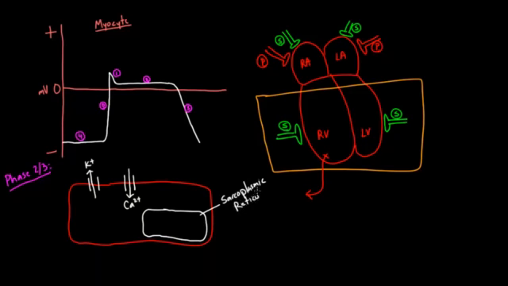It's going to wait patiently for a little calcium to come and bind to its channel, and the moment it does, it's going to start letting calcium out. So this thing is full of calcium, and it's going to start shooting it into the cytoplasm of the cell. So these are the changes that normally take place in phase 2 and 3. You have calcium rushing in, and you have the sarcoplasmic reticulum dumping calcium out.